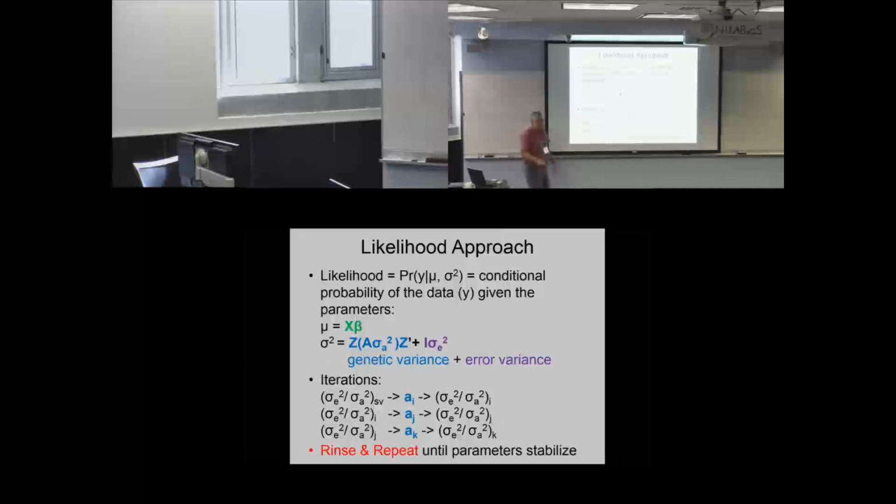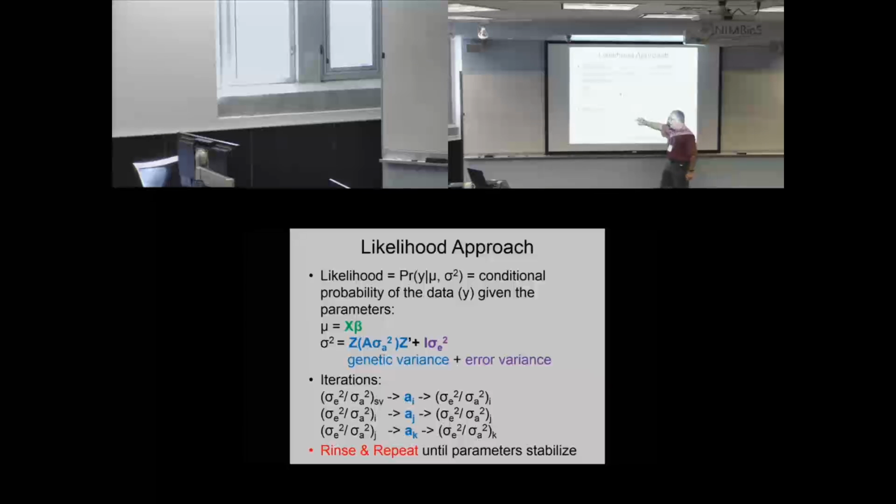And remember we talked about the starting values. So what happens with the likelihood approach, you've selected starting values for your sigma squared E, sigma squared A. It goes through, does the likelihood maximization, and it gives you then your values of A and also beta, which I left out. That gives you a new estimate of sigma squared E over sigma squared A. Now we've moved away from the starting values.